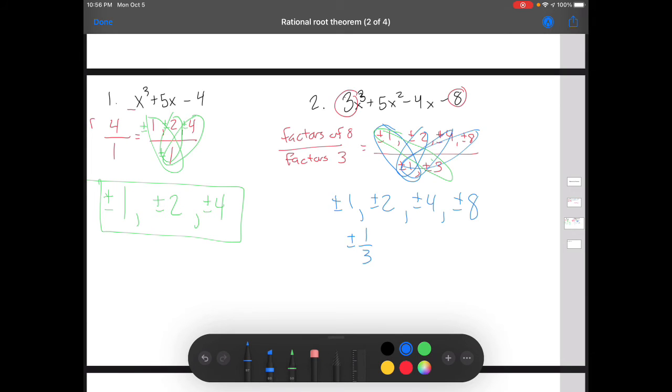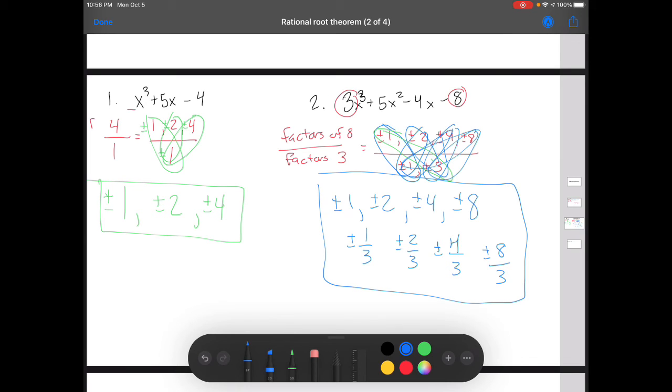So 1 over 3, 2 over 3, 4 over 3, and 8 over 3. So this one has a lot of different options for it. So the bigger the numbers, the more options you're going to have. Right? So we'll talk about how to narrow that down in the next couple of days, but these are all the possibilities that you have.